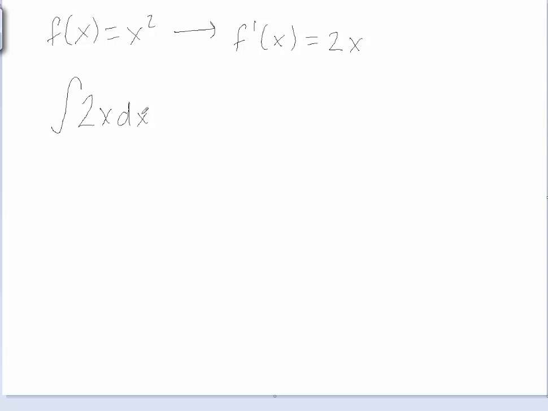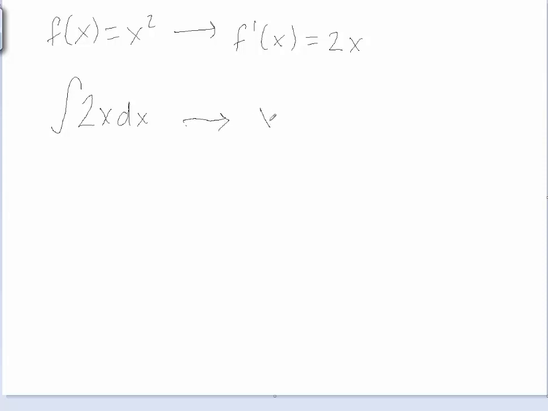So symbolically we're finding the integral of 2x dx. We're finding it like we differentiated with respect to x. Here we're finding the integral with respect to x. Right, so what function or functions has 2x as a derivative?